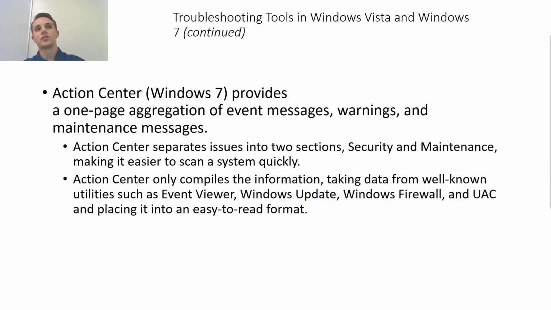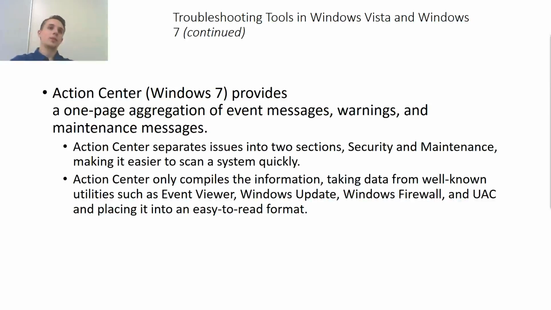Action Center is kind of nice. It's just a brief overview of security status, update status, any problems, firewall is enabled, just basic low-level things that end users should have set.